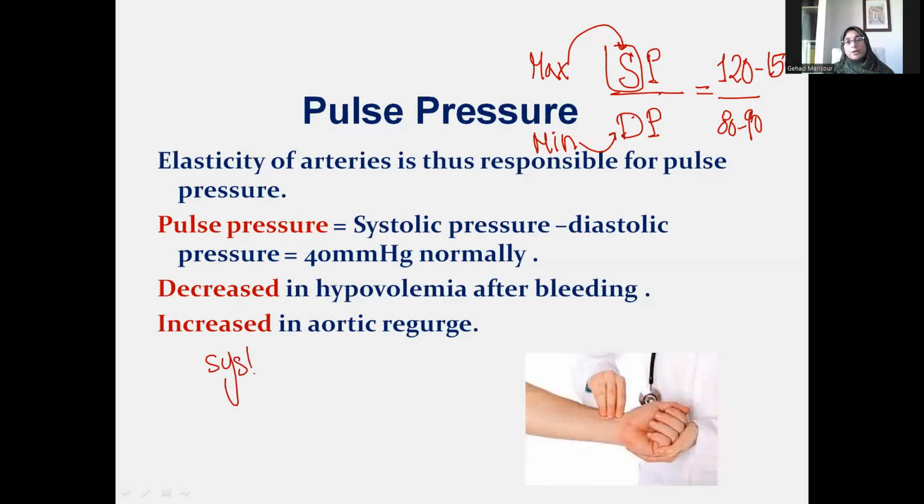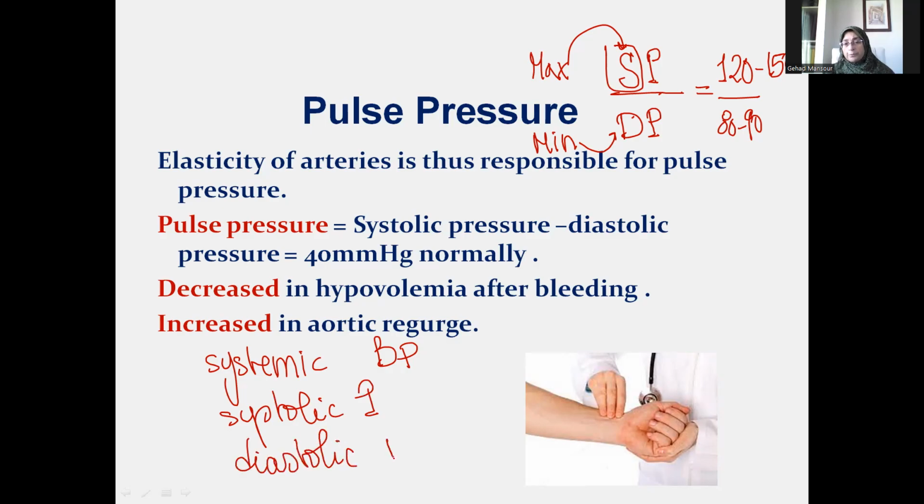The first definition is systemic blood pressure. The second definition is systolic pressure. The third definition is diastolic pressure. The fourth definition is pulse pressure, which is the difference between systolic and diastolic pressure. These are easy definitions: systemic blood pressure, systolic, diastolic, and pulse pressure.